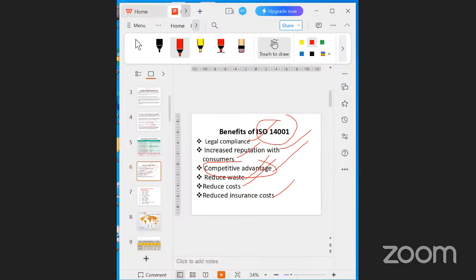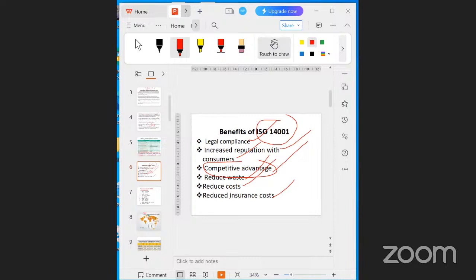And next is competitive advantage. ISO 14001 certification can help set you apart from competitors, or help you keep up if they are already certified. This also holds true if your organization is bidding for a tender.